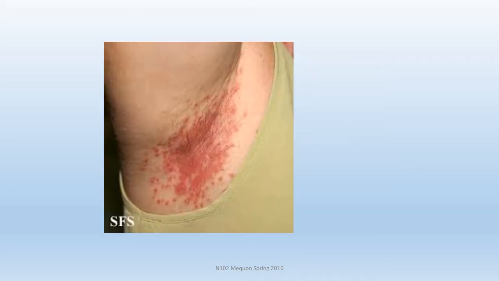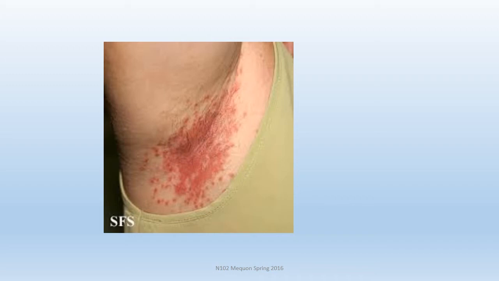On the previous slides, I showed you some very common, expected variations of skin. On this slide, here is an abnormality. This is known as a yeast infection. Yeast infections tend to crop up in areas of skin folds and also moisture. You'll see that there's a central area of redness surrounded by some outlying satellite lesions.